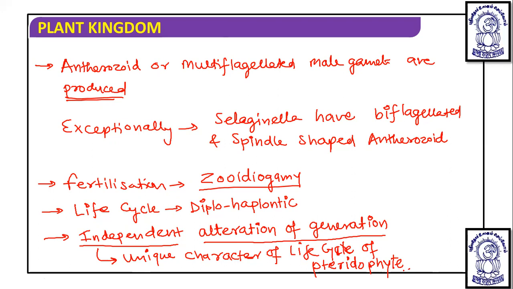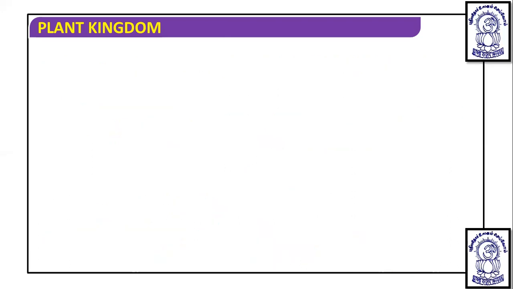Now, after understanding this many things, we are clear about what pteridophytes are. But in pteridophytes, so many groups have been created. So from now onwards, we are going to talk about the classes of pteridophyta.